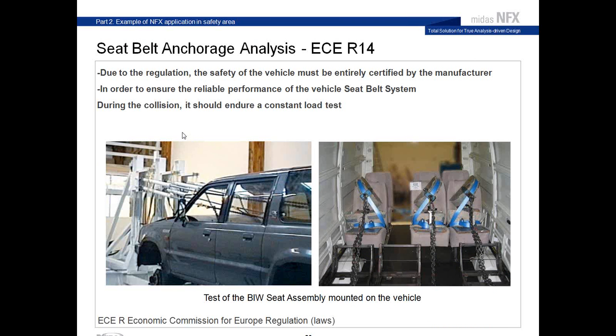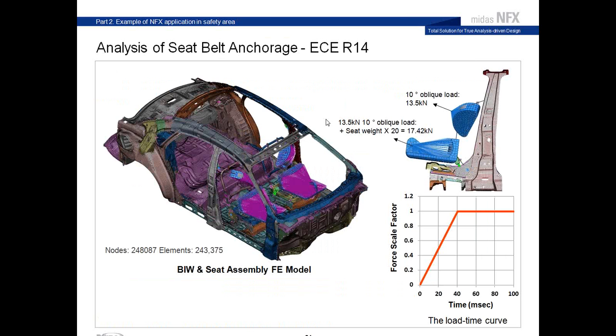Now let's talk about the seat belt anchorage. It is another test which is required for the safety of the vehicle in order to test the strength of the seat belts. It ensures the reliability performance of the seat belt, and during the collision it will endure a constant load test.